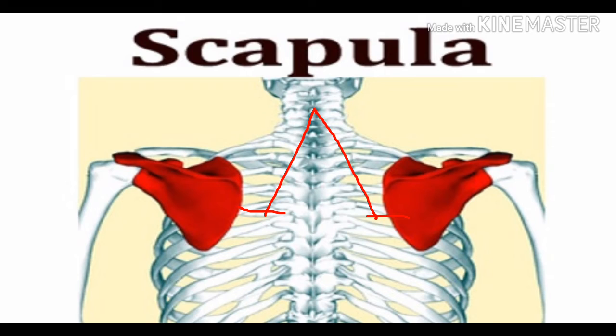Scapulae or shoulder blades are flattened triangular bones located on the dorsal thorax between ribs 2 and 7. They articulate with the clavicle and with the humerus bones of the arms.